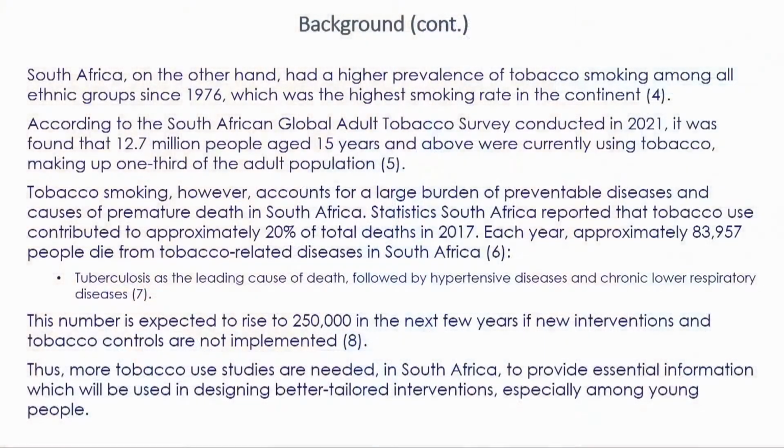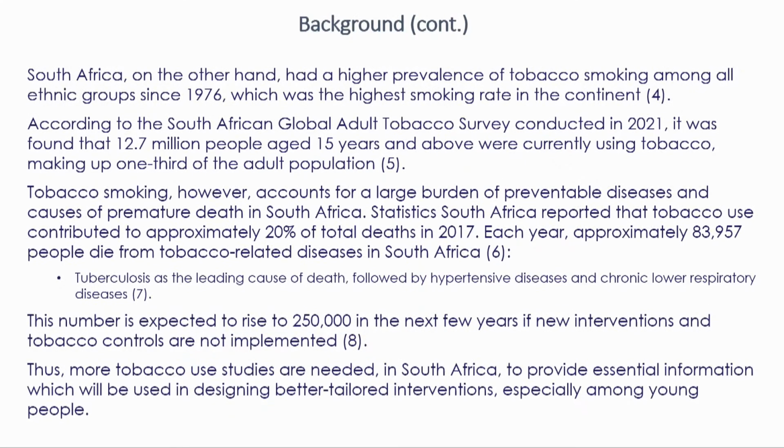If the use is not controlled, this number may rise to more than 250,000 in future. That's why studies like this are very necessary, so that we can try to mitigate tobacco use, especially among young people.